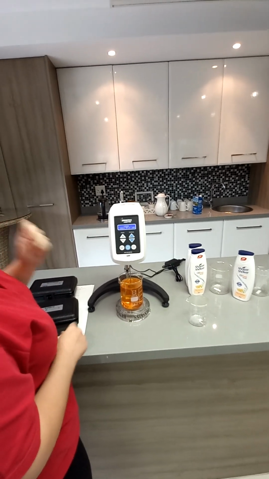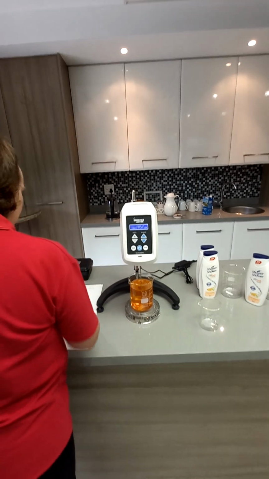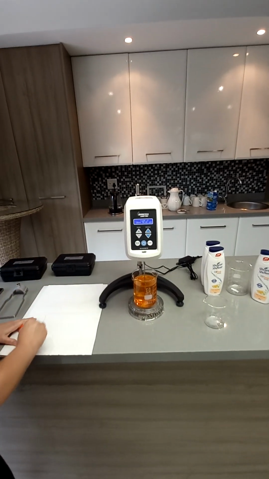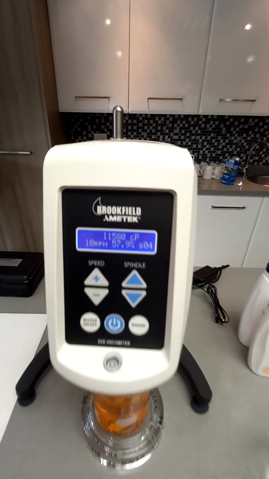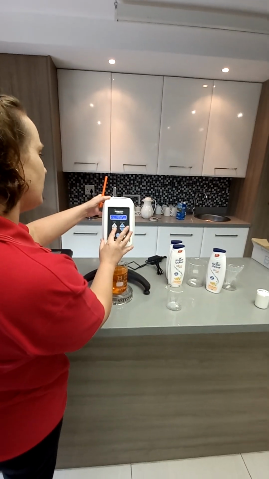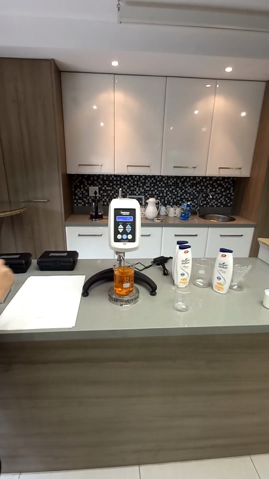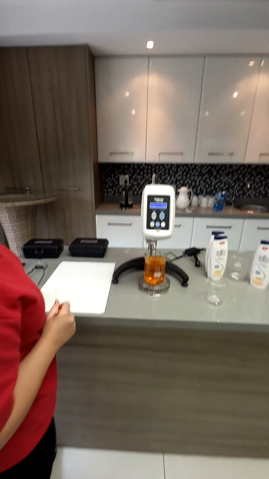I think that was a good guess. So what I'm going to do, let's draw the graph, viscosity versus speed. Now I'm going to lower the speed. Let's start at 2 RPM. I'm going to take readings at different speeds.